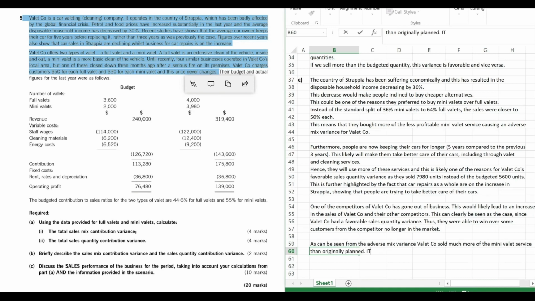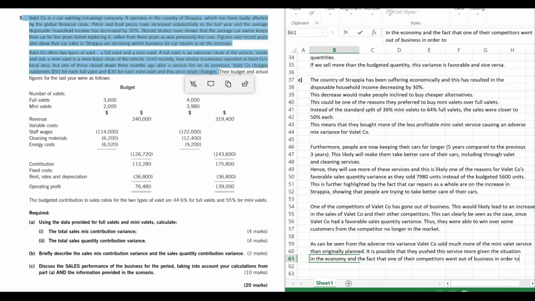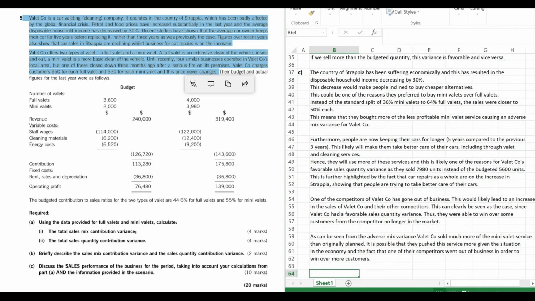It is possible that they pushed this service more given the situation in the economy and the fact that one of their competitors went out of business in order to win over more customers. Okay, so you'll get 1 or 2 marks here as well. And I think that's more than enough.